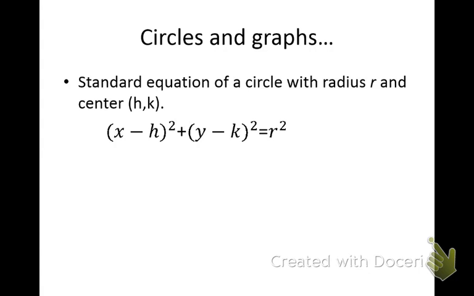So the standard equation of the circle with radius r and center (h, k). Okay, so now if you have a center besides the origin, then you can subtract h and k. That moves the point to the origin. And so the equation is (x minus h) squared plus (y minus k) squared equals r squared.